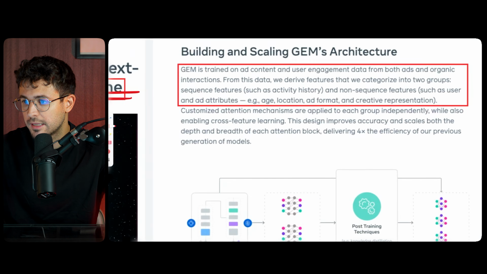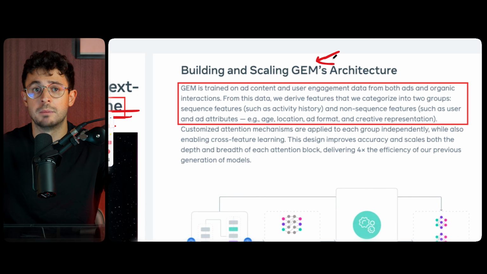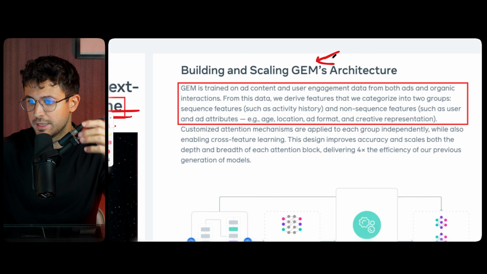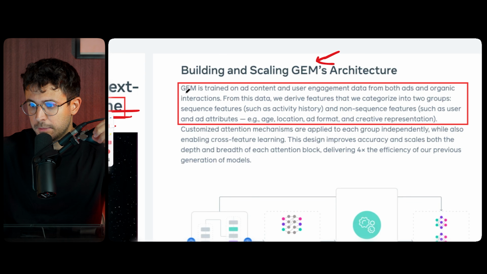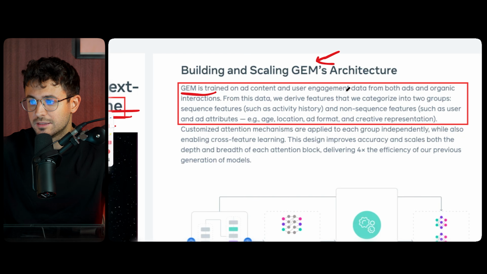The second thing, as you can see from GEM's architecture, is that GEM is basically the brain behind Andromeda. GEM is trained across different ad accounts, and its scope is to create a sequencing of the ads in terms of how they are delivered, and also a sequence with your organic interaction.